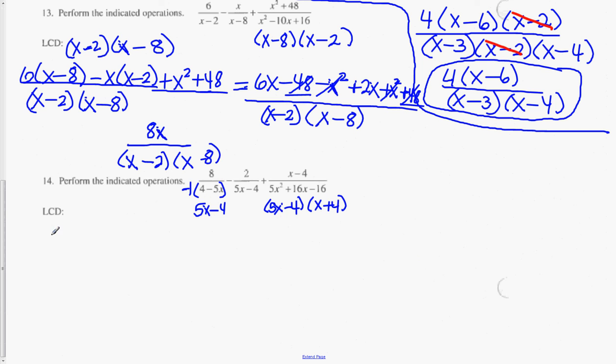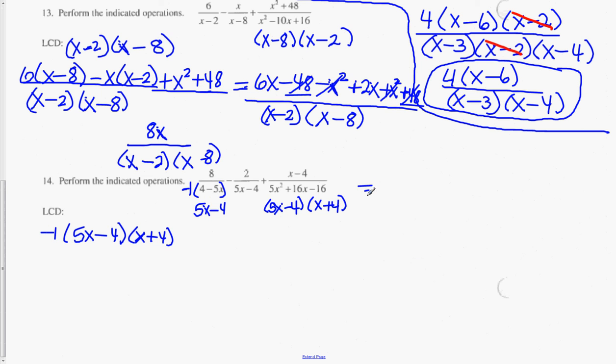So my LCD is going to be, I need to have the negative 1 that I took out, a 5x minus 4, and an x plus 4. Now, I took out that negative 1 so that these first two denominators would match. If you don't do that, it's going to be a really, really difficult problem to do. And these are difficult enough as they are.